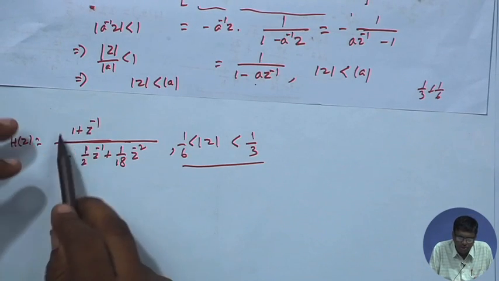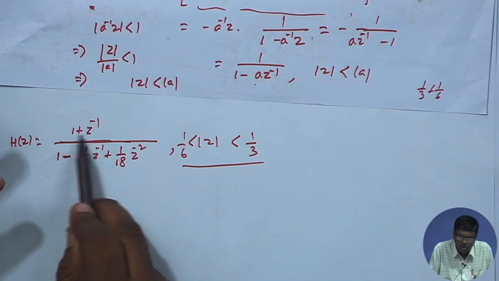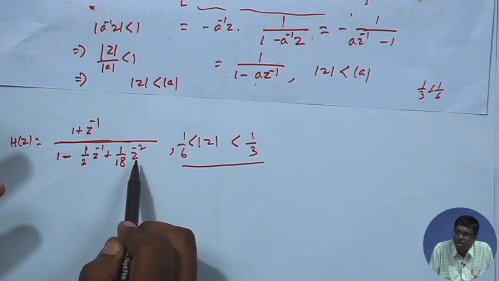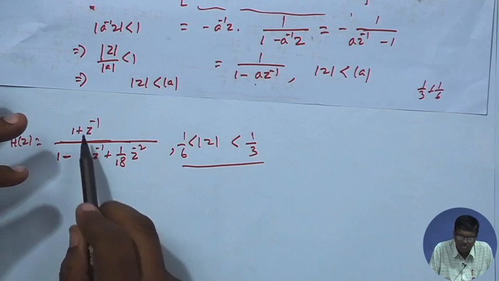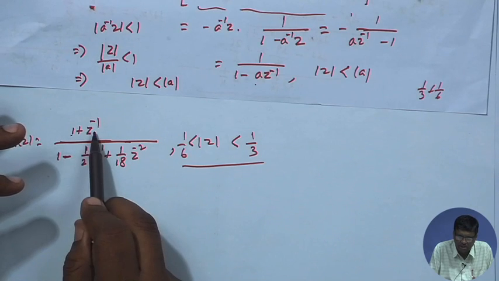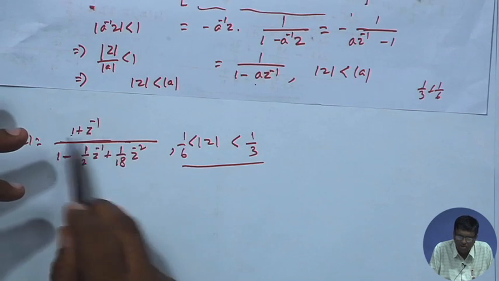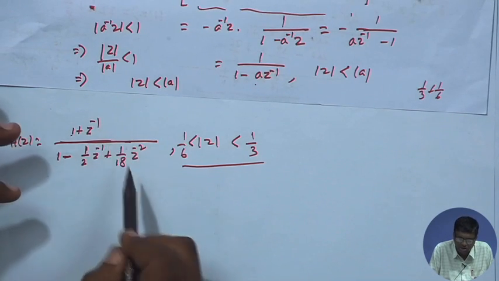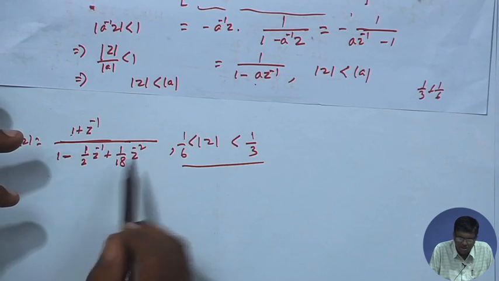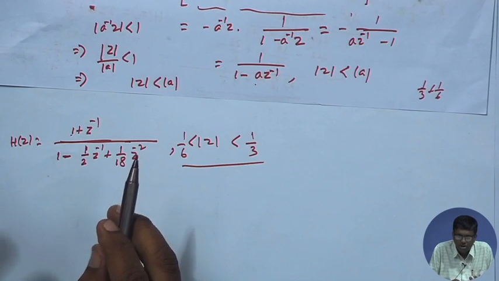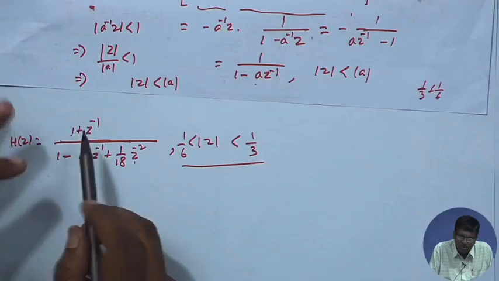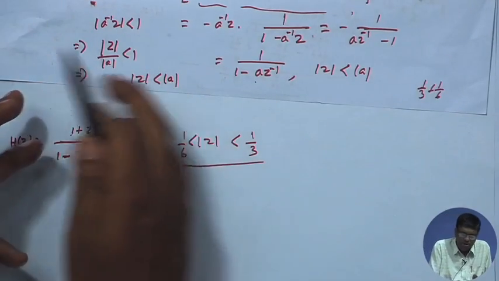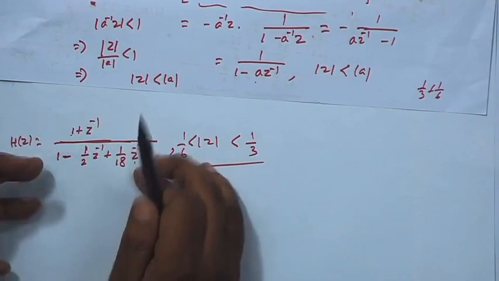Now, here you see the numerator we are considering to have degree less than the degree, or order less than that of the denominator. If you call Z inverse to be x, it is 1 plus x, so x to the power 1, the degree of the numerator polynomial is 1, degree of the denominator is x squared, that is 2. So, I earlier told you that if the degree of the numerator is greater than or equal to the degree of the denominator, you divide the numerator by the denominator.